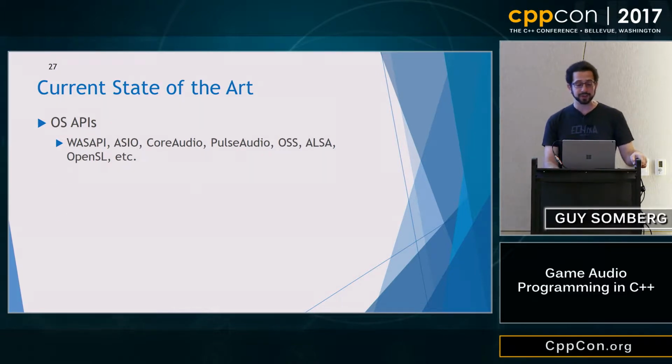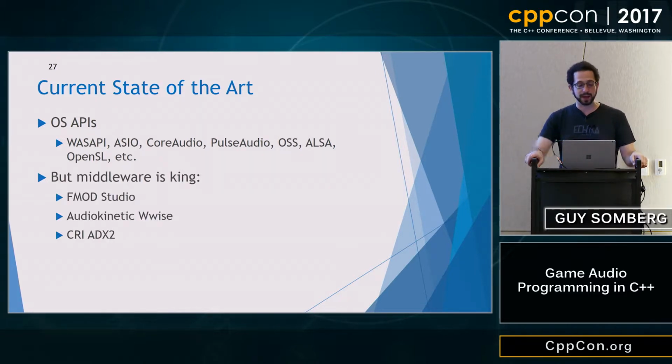So in video games, middleware is king. FMOD Studio and Audiokinetic Wwise are the big middlewares in the Americas and Europe, that kind of zone, and CRI ADX2 is the big middleware in China, Japan, Asia, that zone. If you're using Unreal Engine or Unity Engine, they'll have their own audio APIs.